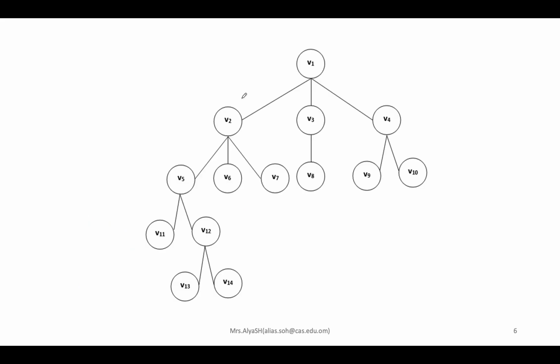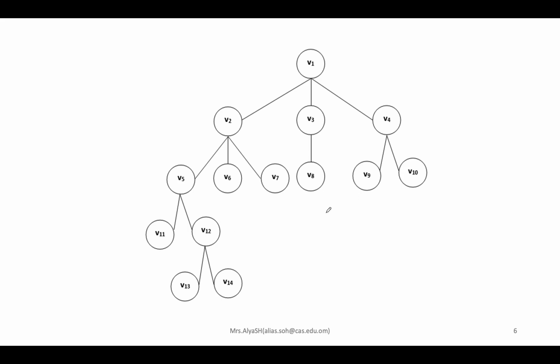There you go. Now let's move to the second point of our session here, which is the trees terminologies. Before we introduce our terminologies here, let's just see if this graph considered as a tree or not. First rule we need to check is there is any loop here?